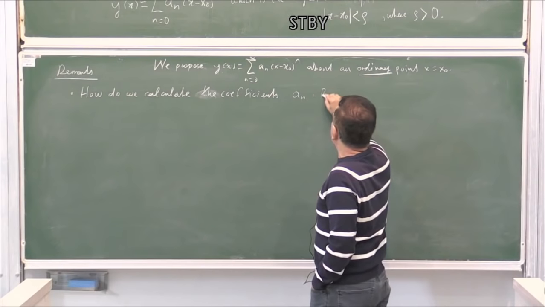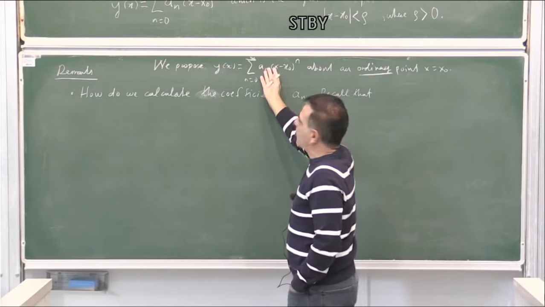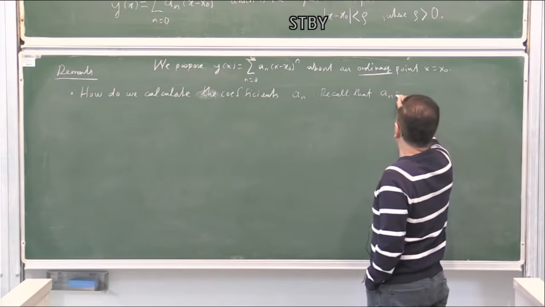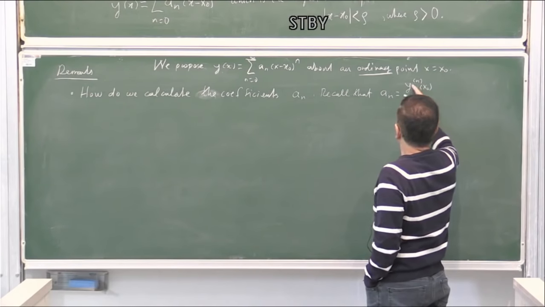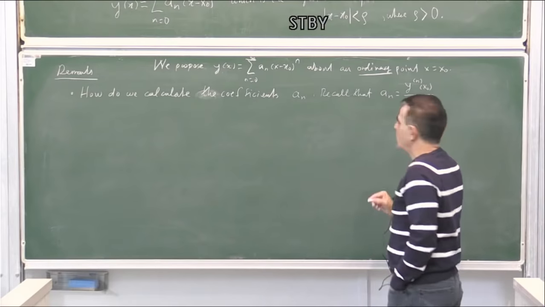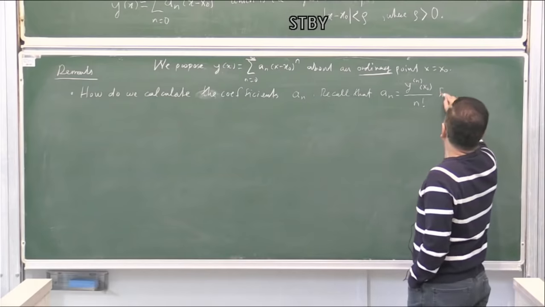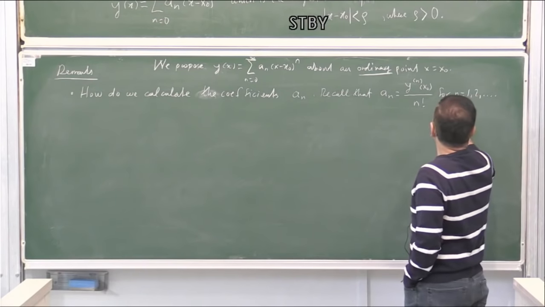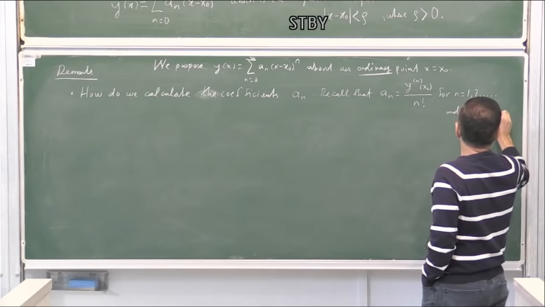Recall that if this series is the Taylor series of y, an in principle is the nth derivative of y at x0 over n factorial, for n equal to 1, 2, and so on. And when n is 0, a0 is y of x0.